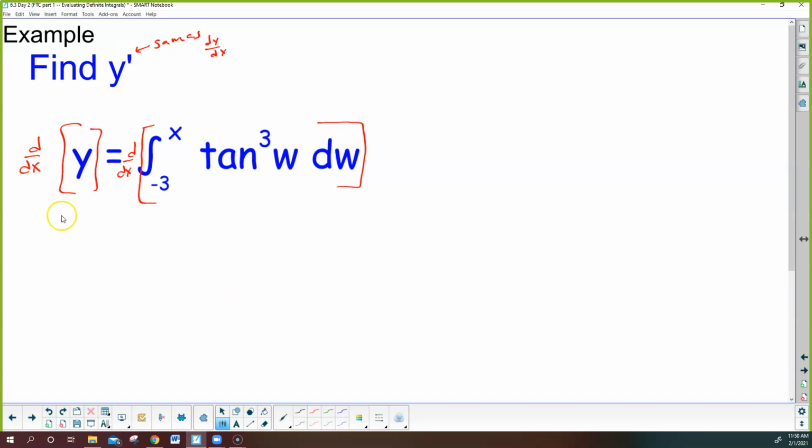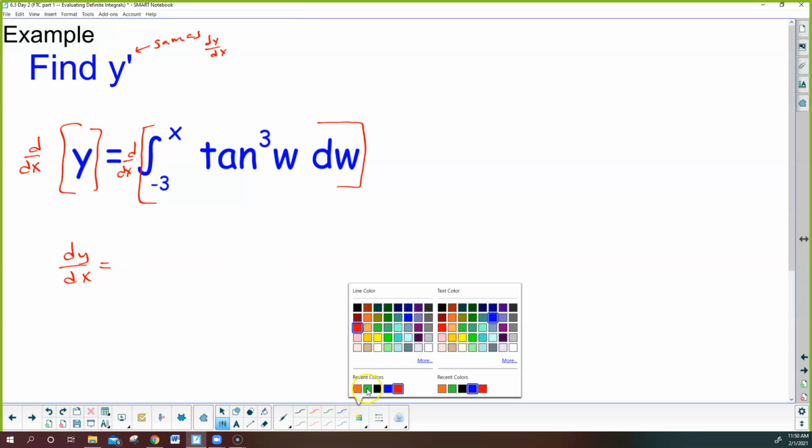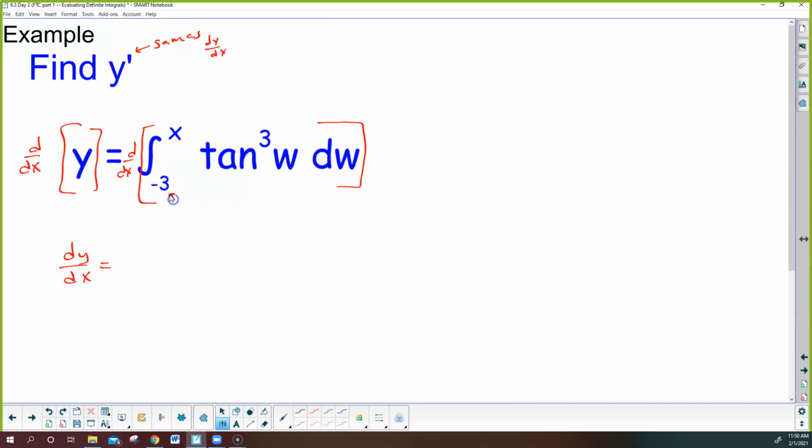When I take the derivative of y, we just get dy dx, right? Which is the same as y prime. And then if I take the derivative of the integral, now there has to be one special thing. Your bottom value right here must be a constant.